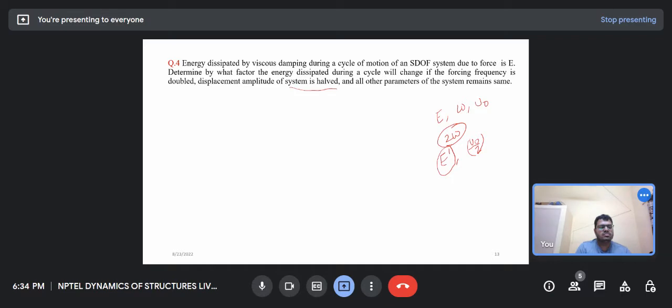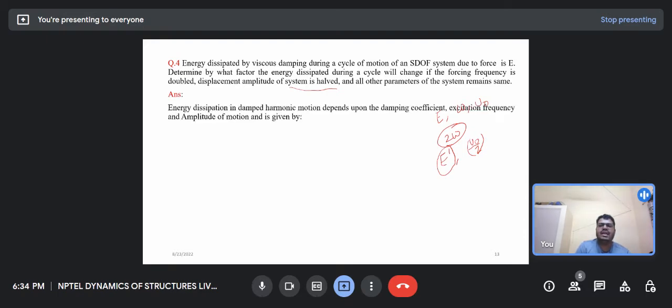Anybody? Okay, if not, the derivation is also discussed in the week 4 content, lecture 2, module 2, if you go there. Here I am using the direct formula for the dissipation of energy. Ed comes out to be pi c omega square into u naught.